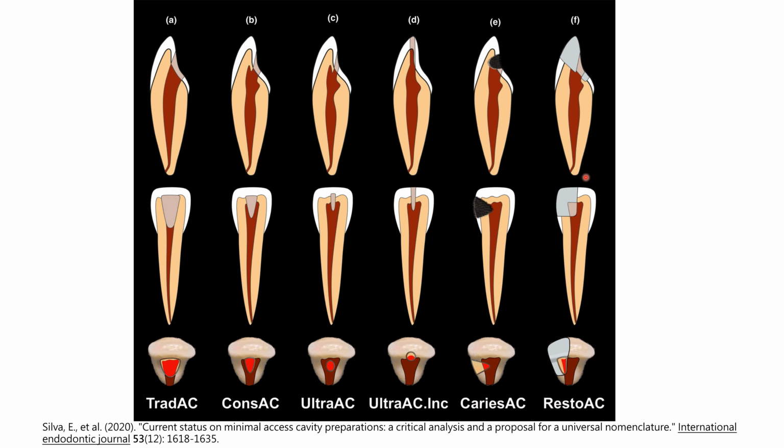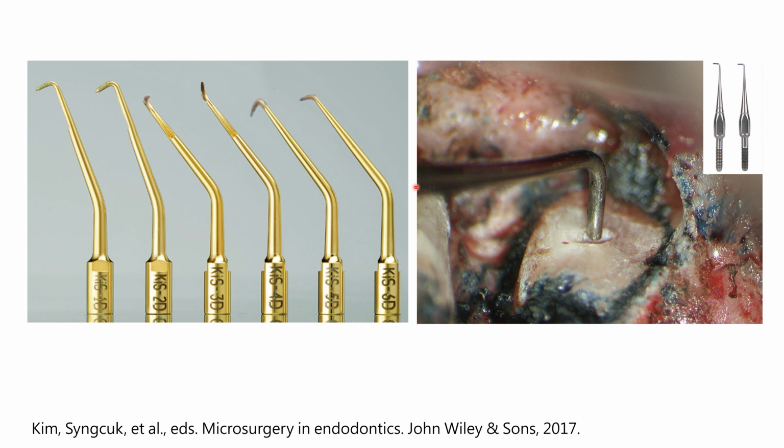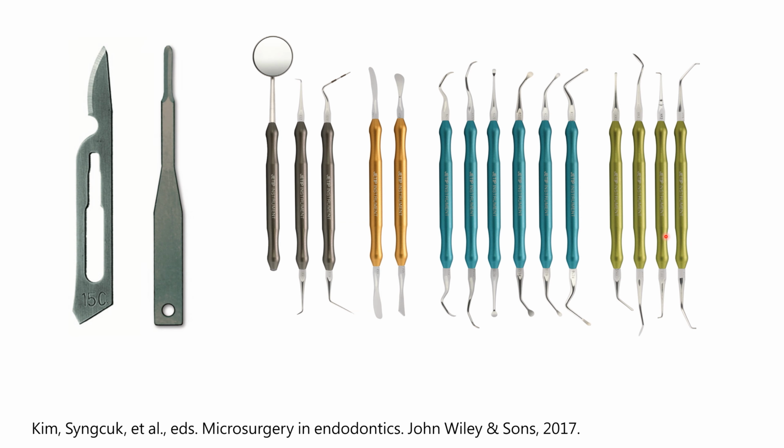And this is the anterior tooth. What I want to say is that we have a lot of new technology that lets us do more conservative endodontic treatment. So here are some other instruments that we use to prepare the apical retrograde preparation in apical surgery. And we have a lot of different kinds of mini blades, like micro blades, to make a very nice incision.